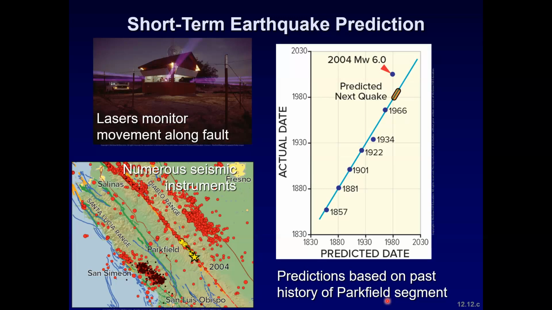It was the predicted earthquake interval of about 22 years. But in this case, the expected earthquake did not occur until 2004. That was 11 years after the predicted date. We know things are likely to happen, but we can't say exactly when they'll happen.